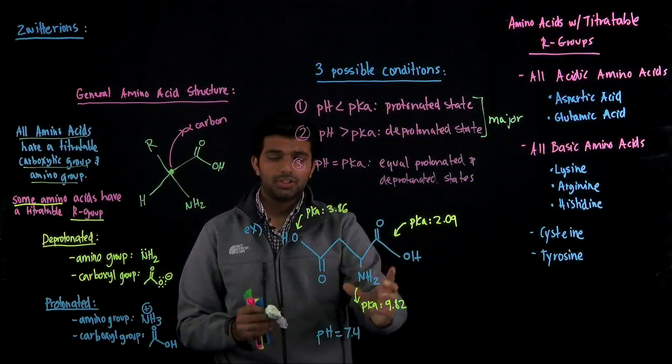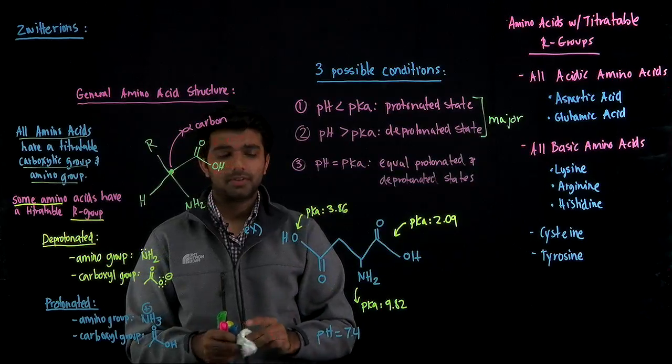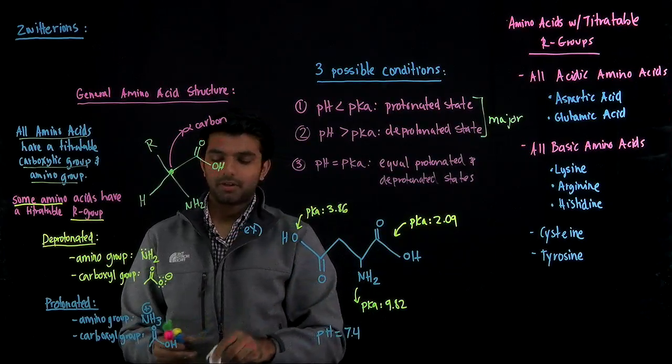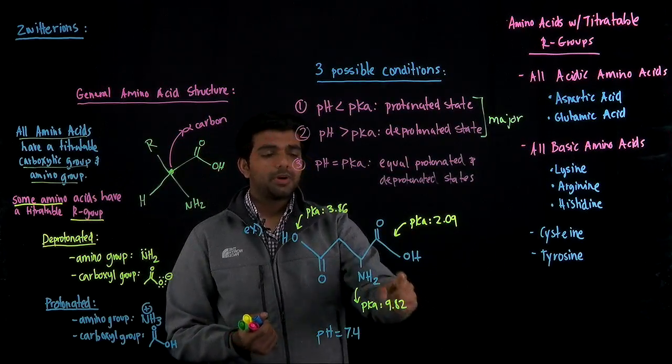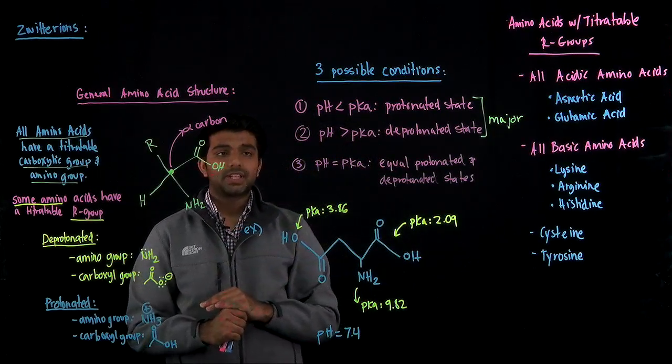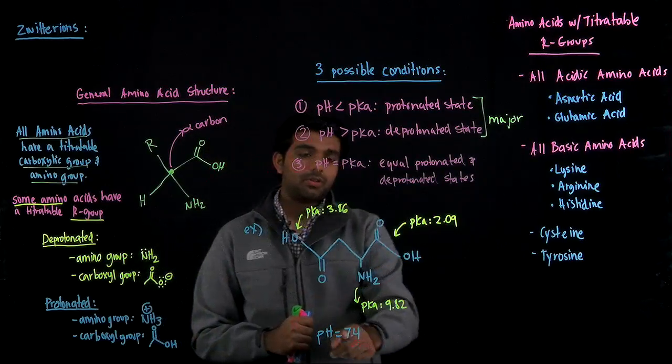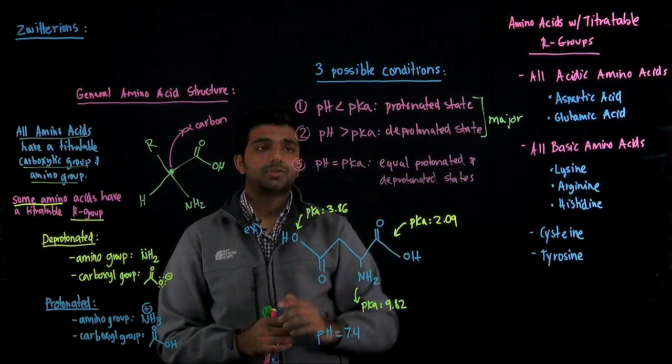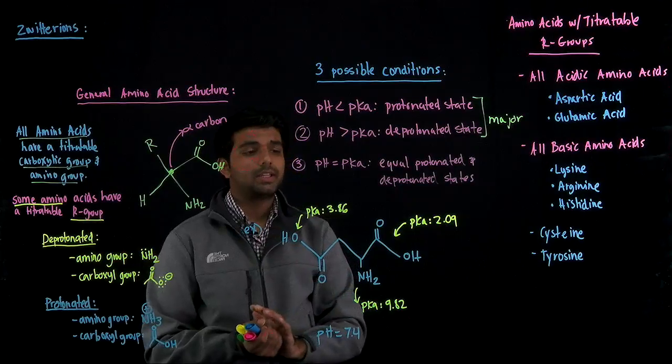We'll take each individual functional group and titrate it individually to get the overall Zwitterion. When we're looking at the carboxyl acid, the pKa is 2.09 and the pH is 7.4. This falls under situation number 2, where the pH is greater than the pKa.